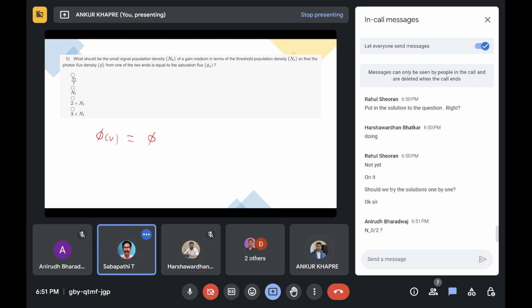Anirudh, how have you calculated this? The simple way is that you can write one equation here in the chat box.